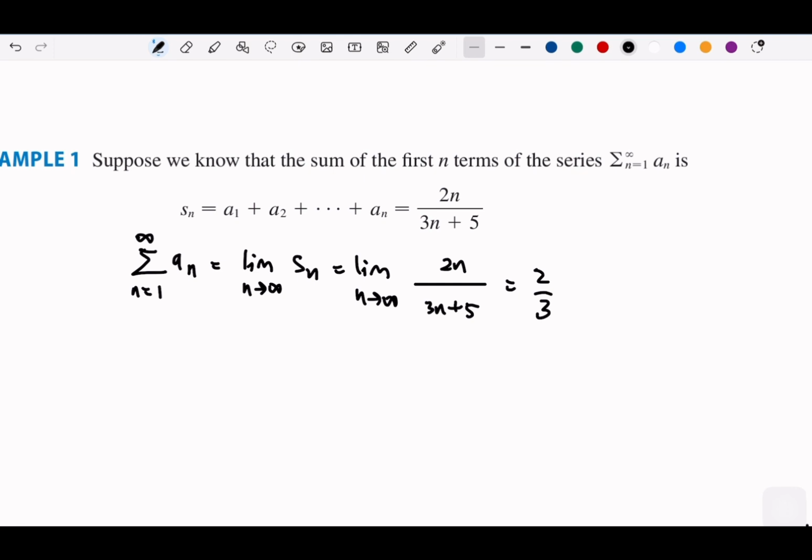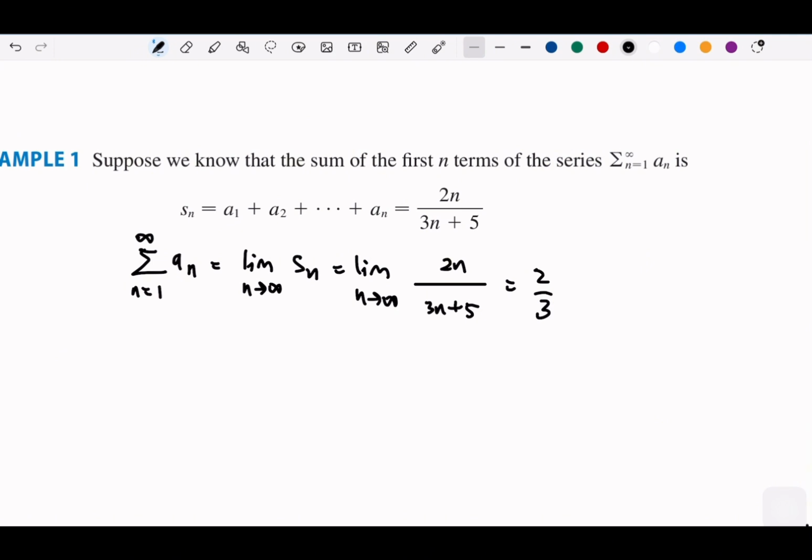Now of course this is if this is an Sn. But most of the time, as in the next examples and the practices later, we are usually given the sequence, not the Sn. So that means it does not work like this.